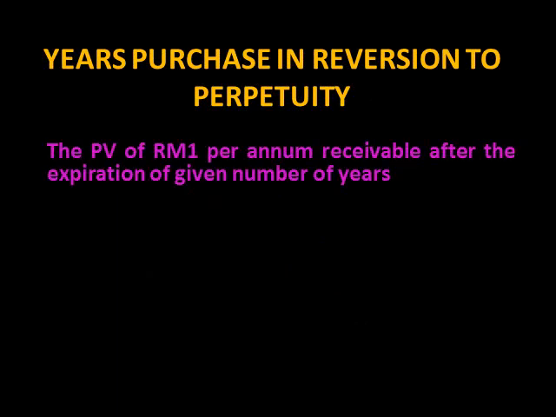So YP in reversion to perpetuity is actually the PV of RM1 per annum receivable after the expiration of a given number of years.